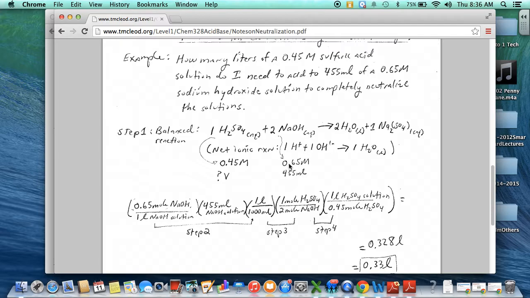It tells me that sodium hydroxide is 0.65 molarity, and there's 455 milliliters, and I have a 0.45 molarity sulfuric acid solution, and I want to know how many liters are going to be. So I know enough information for sodium hydroxide. I'm going to first find the moles of sodium hydroxide, then find the moles of H2SO4, and once I find the moles of H2SO4, I can find the volume because I know the molarity.